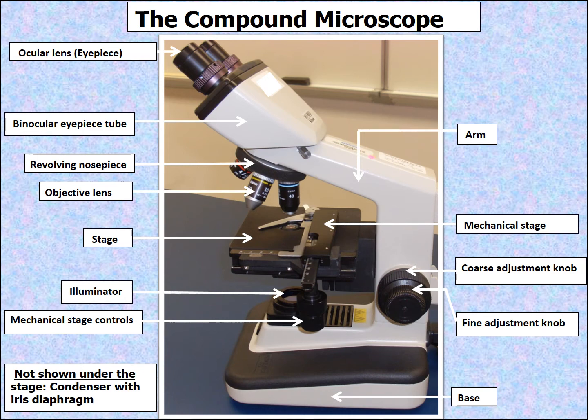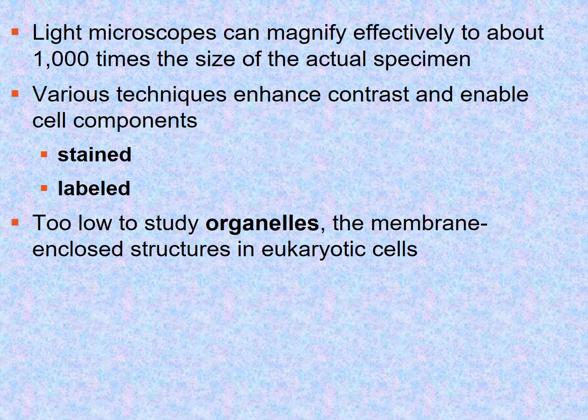All right, so those are the main parts of the microscope. You'll get a chance to review those in the microscope lab. All right, so light microscopes, like I mentioned, you could have a 100x objective, but this allows you to magnify up to 1,000 times the size of the actual specimen. Now, there are a number of techniques which allow you to increase the contrast of a specimen.